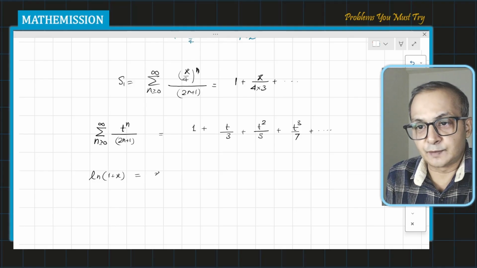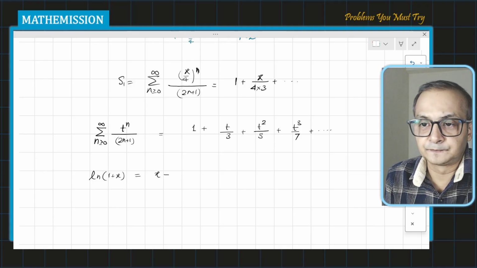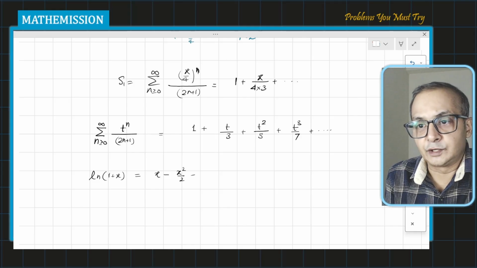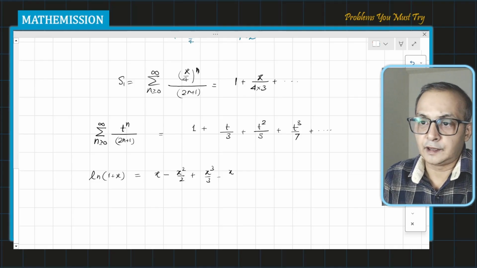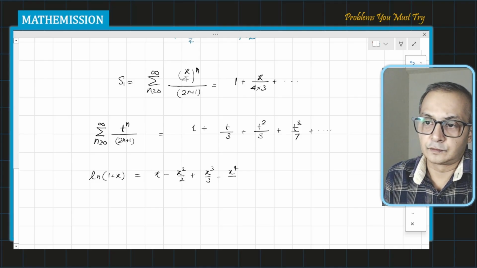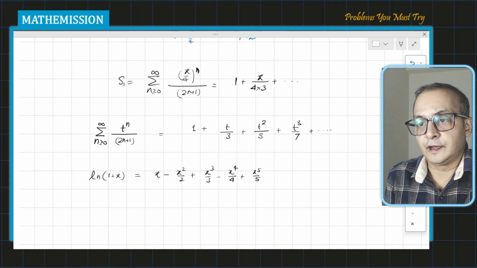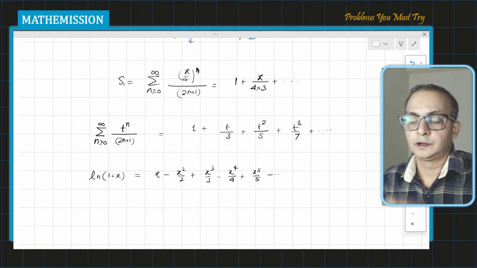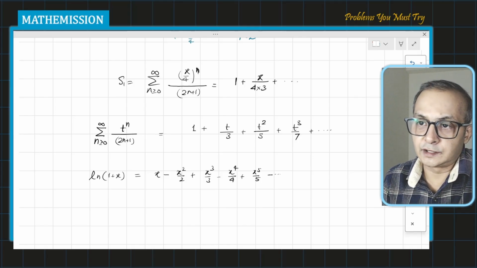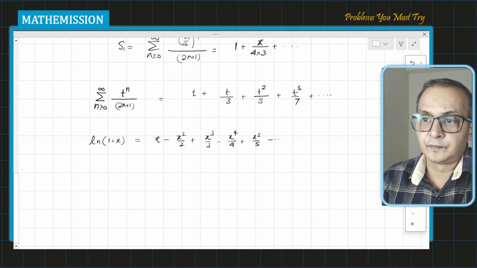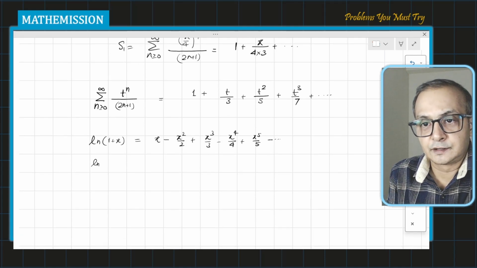Log 1 plus x expansion is x minus x square by 2, then x cube by 3, then minus x to the power 4 by 4, then x to the power 5 by 5, and so on. And because I need all the odd terms, I can subtract the expansion of log 1 minus x.